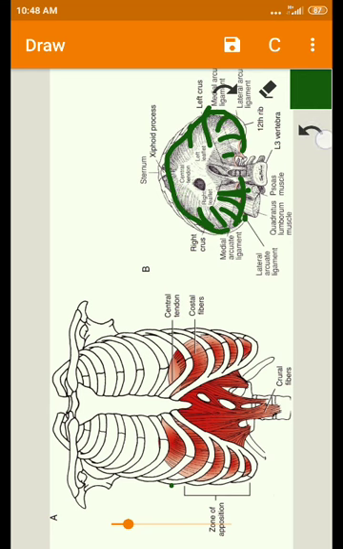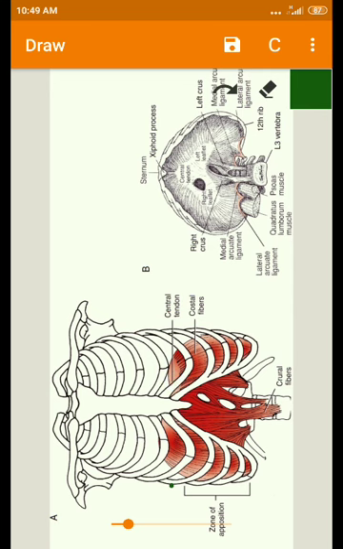So the contractile component of the diaphragm is a circular margin of radially oriented muscle fibers that attach proximally to the central tendon.